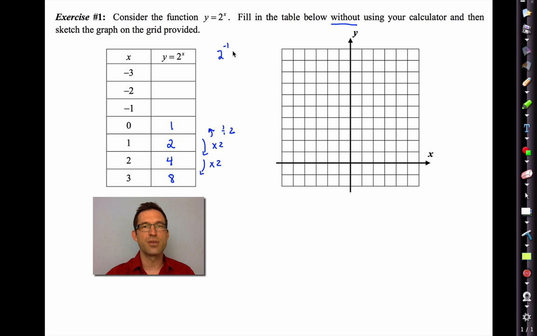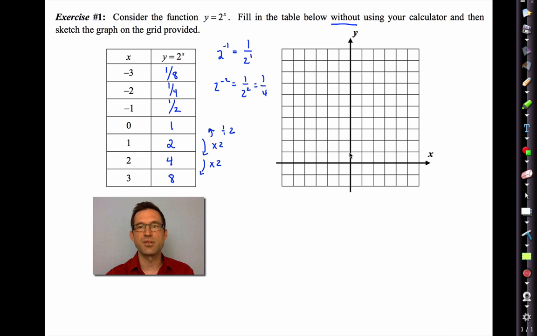And we should also know that 2 to the -1 is 1 over 2 to the first, or 1/2. 2 to the -2 is going to be 1 over 2 squared, or 1/4. And likewise, 2 to the -3 will be 1 over 2 to the third, which will be 1/8.